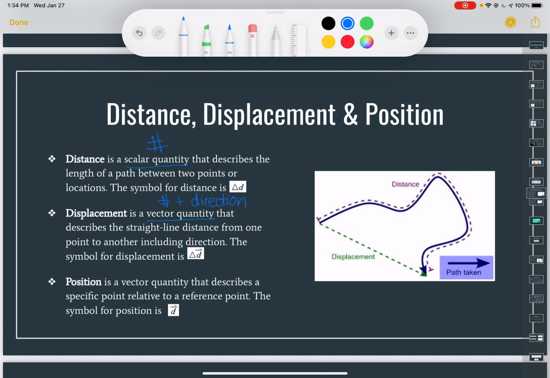All right. So position, on the other hand, is a vector quantity that describes our specific point relative to where you started or your reference point. I'm going to explain this basically looking at this little picture. So displacement versus distance. If we started right here, and we were deciding we were going to go from our house to a park nearby, let's say that.